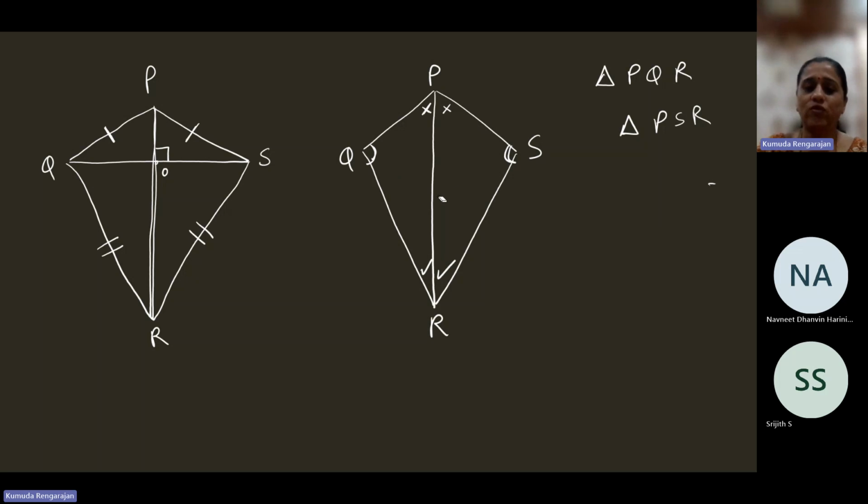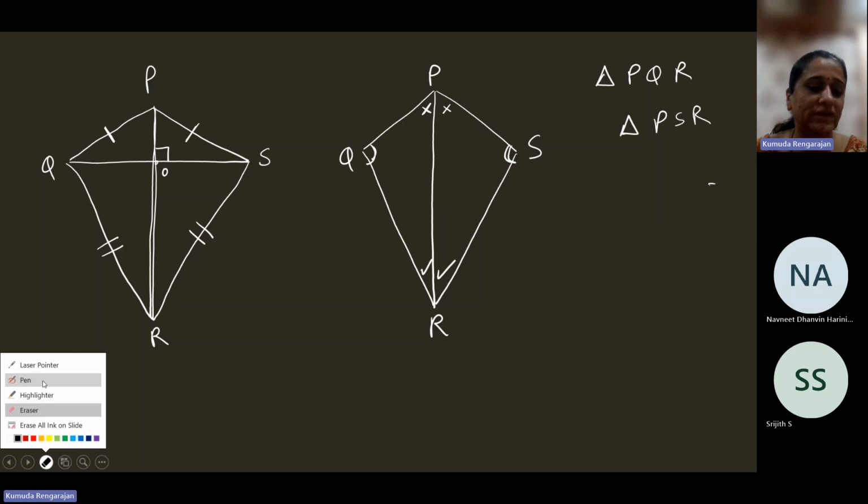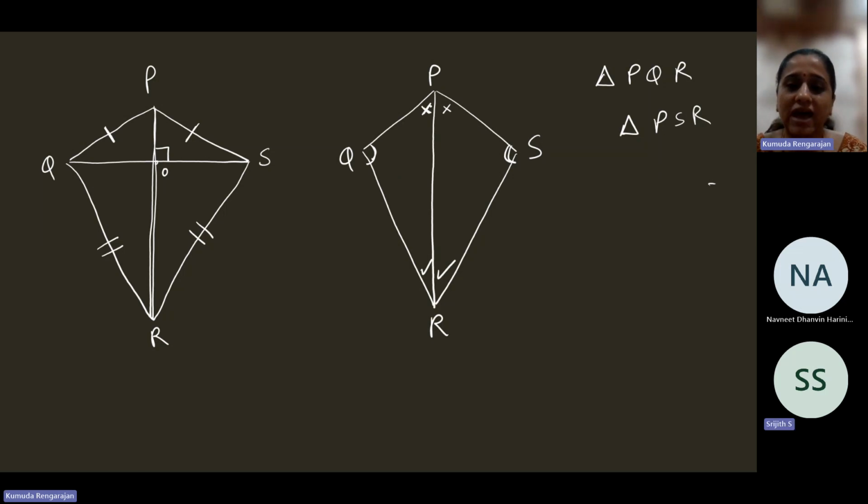Do you agree? Yes or no? Yes, ma'am. So in the kite, this angle is equal to this angle.